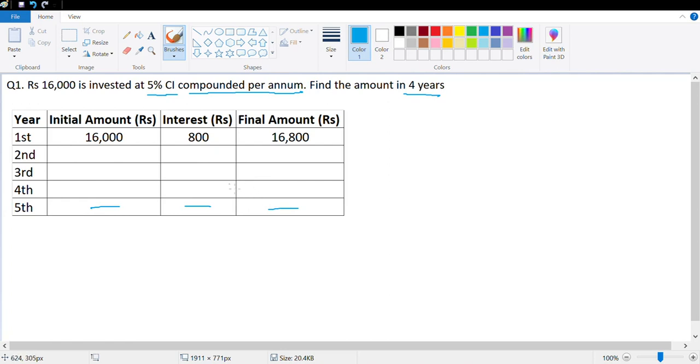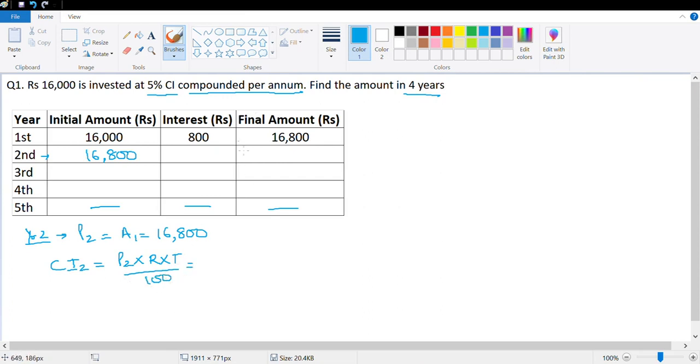So I've just made the table, but we don't need the principal or the interest for year 1 or year 5. So for year 2, principal is equal to amount for year 1, which in this case is 16,800. Interest for year 2, we can also write as compound interest for year 2, would be equal to principal for year 2 multiplied with rate multiplied with time upon 100.